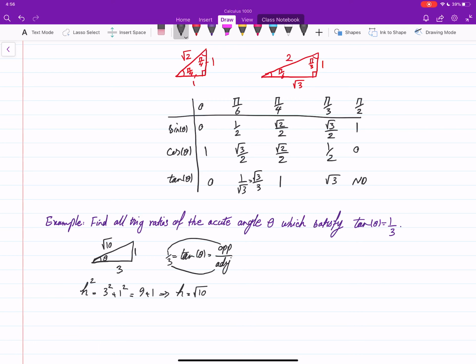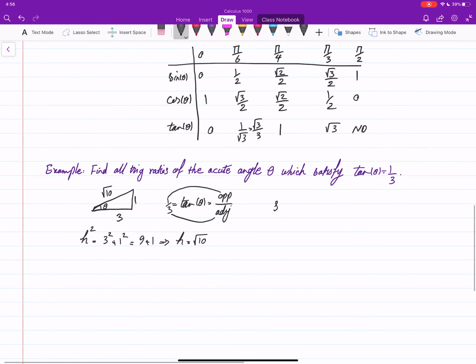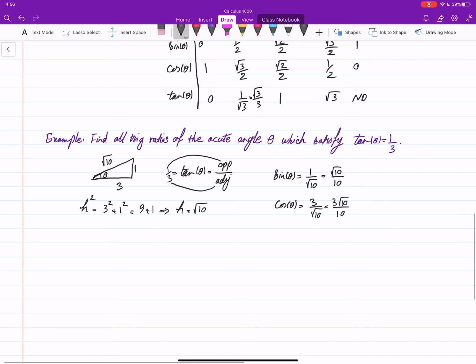When you have all of these, then you can go ahead and find sine theta, which is opposite over hypotenuse. That you rationalize, you get this. Cosine theta, this is adjacent over hypotenuse. Rationalize the denominator, and you get this. Tan theta, this is opposite over adjacent, well, already we had that.